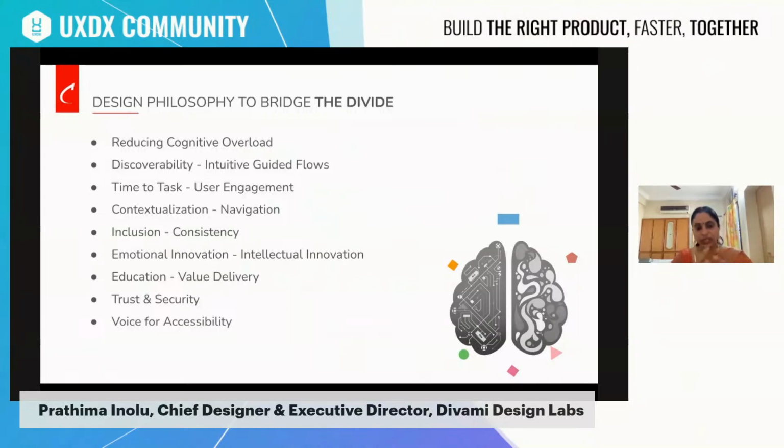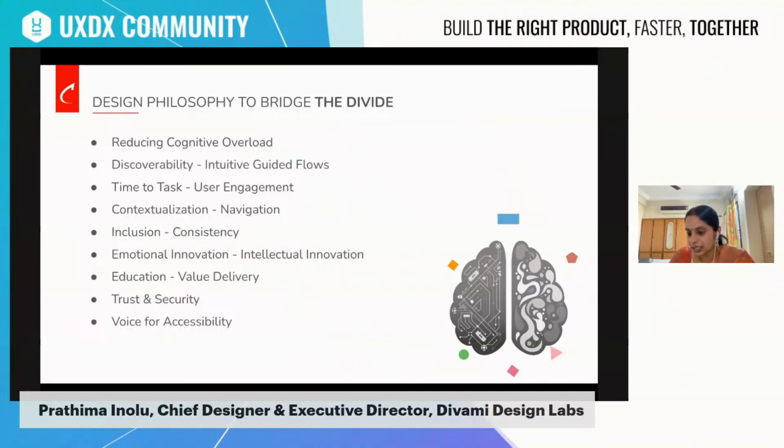Education, value delivery, we did discuss this. Trust, security, trust. At the end of the day, our applications have to be designed in such a way that we win the trust, and the personas, we definitely have to keep them in mind while we are trying to win their trust. And the voice for accessibility is also extremely crucial.